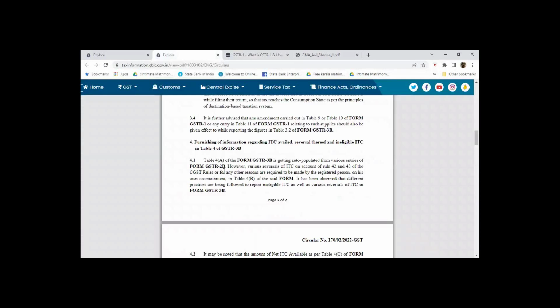Next issue which is resolved is furnishing of information regarding ITC availed, reversal thereof and ineligible ITC in table 4A in table 4 of GSTR 3B. Table 4A of Form GSTR 3B is getting auto-populated from various entries of Form GSTR 2B.